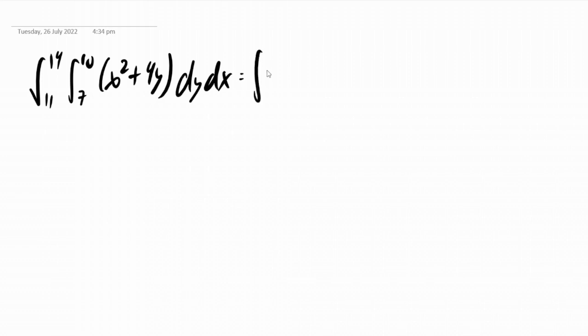So 14, 11, bring out x squared. Since x squared is constant, we will add a y here, plus 4y. The integral of 4y is 4y squared over 2, but if we divide 4 over 2, that is 2y squared with limits from 10 to 7 dx.